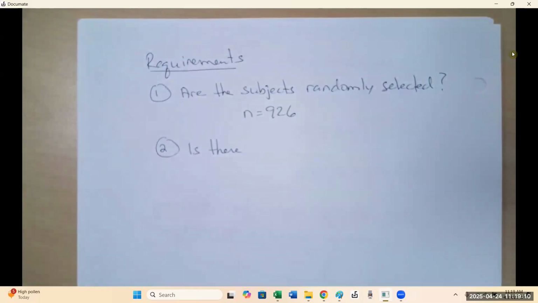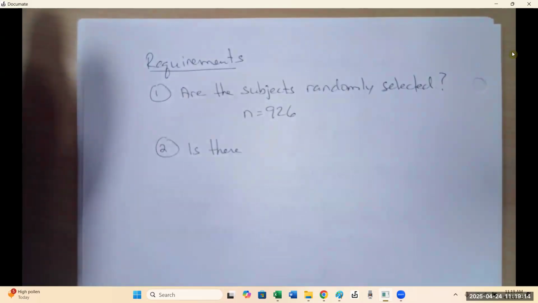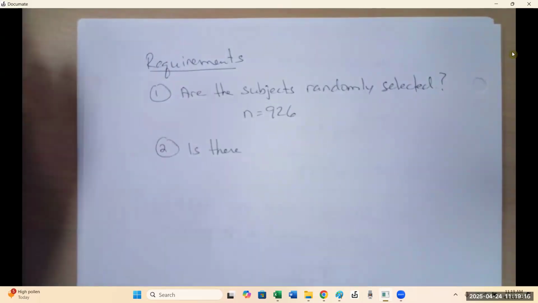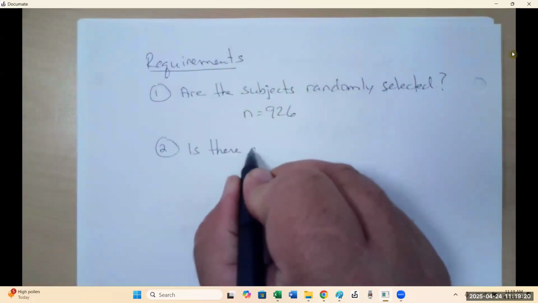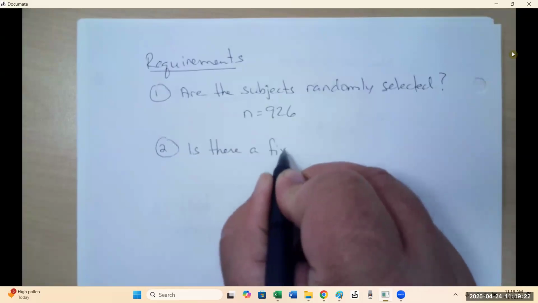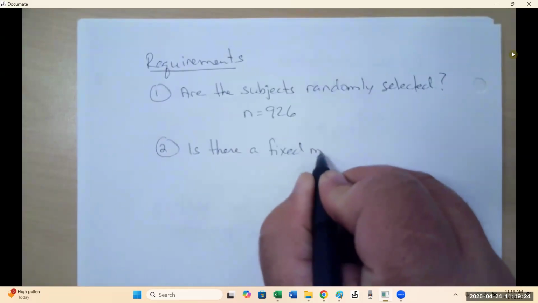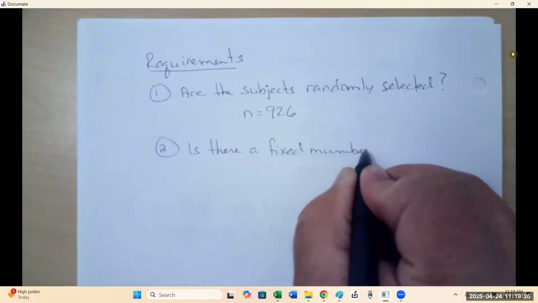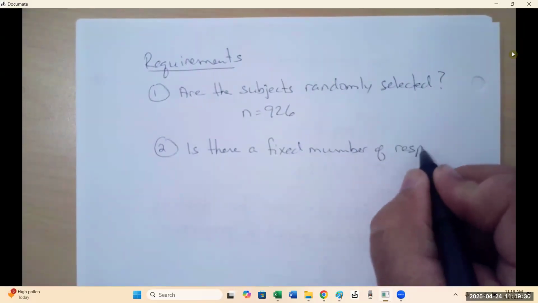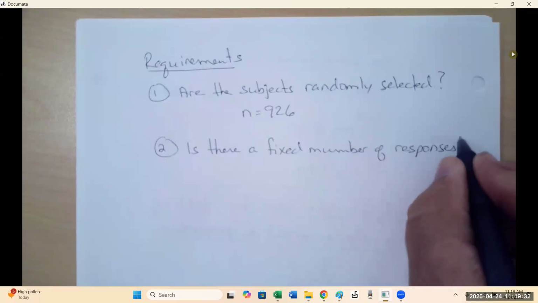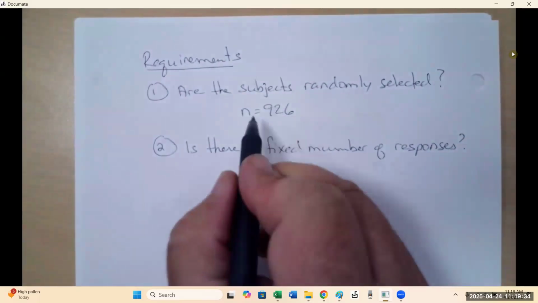Is this test a binomial distribution? Why? Because what are the possible answers? Yes or no. Is there a fixed number of responses? Yeah, there's 926 of them.